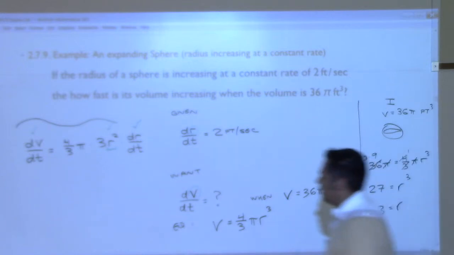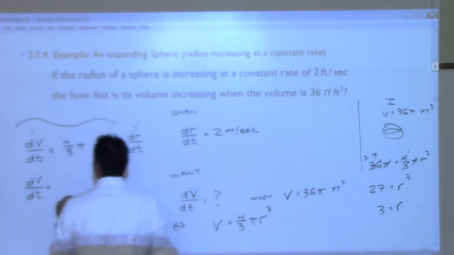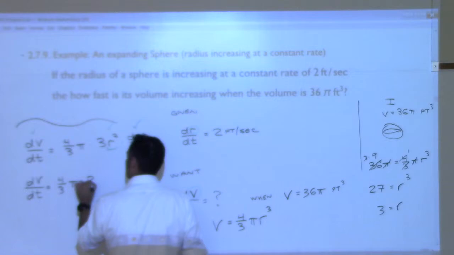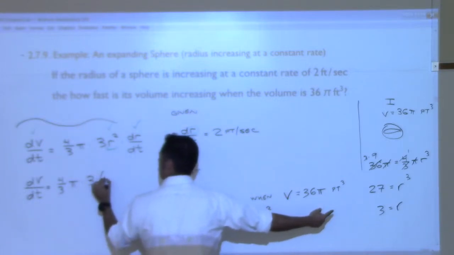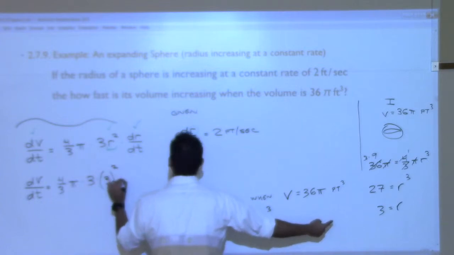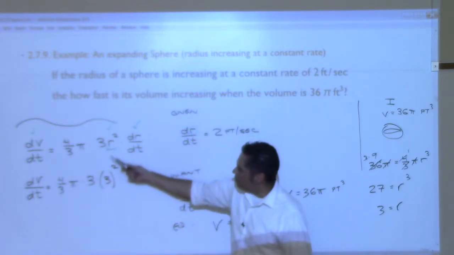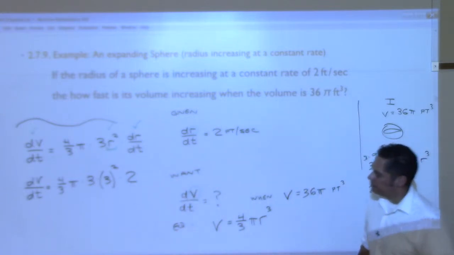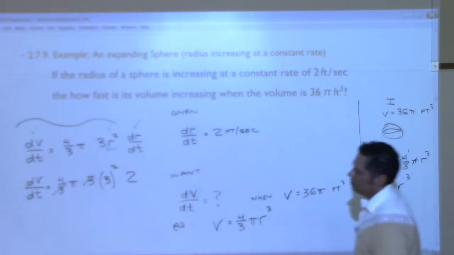All right, dV/dt, the instantaneous rate of change of volume with respect to time for this sphere is 4/3 pi times 3 times, what was r? 3 again? Squared times dr/dt, which is 2. So this is just plugging everything in. R goes in here, dr/dt is 2, and that's just a number. Those 3's are gone. What is that?